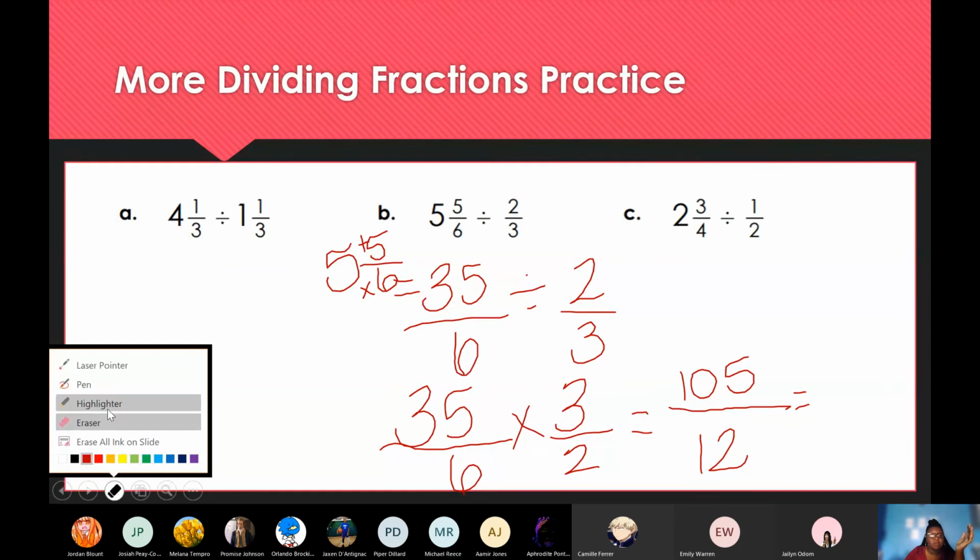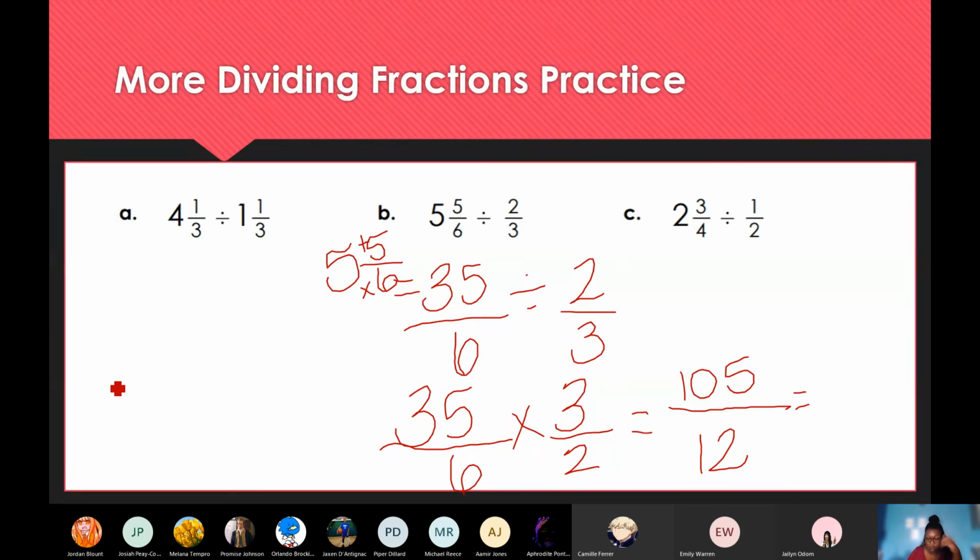Remember, we have to just do some long division here. Our denominator 12 becomes our divisor. Our numerator 105 becomes our dividend. How many times, 12 times what will come closest to equaling 105 without going over?